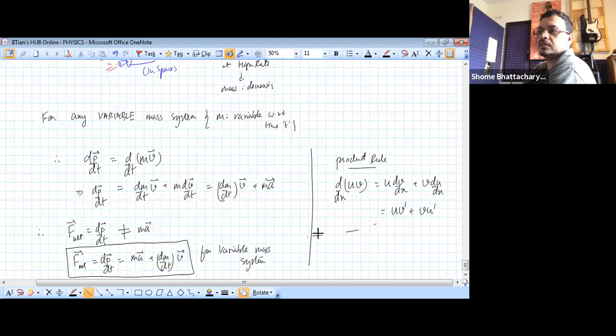Okay, so like we were discussing, you can treat this like a general equation, and whenever mass is constant, this second term just becomes 0. dm by dt becomes 0, so F becomes equal to ma.